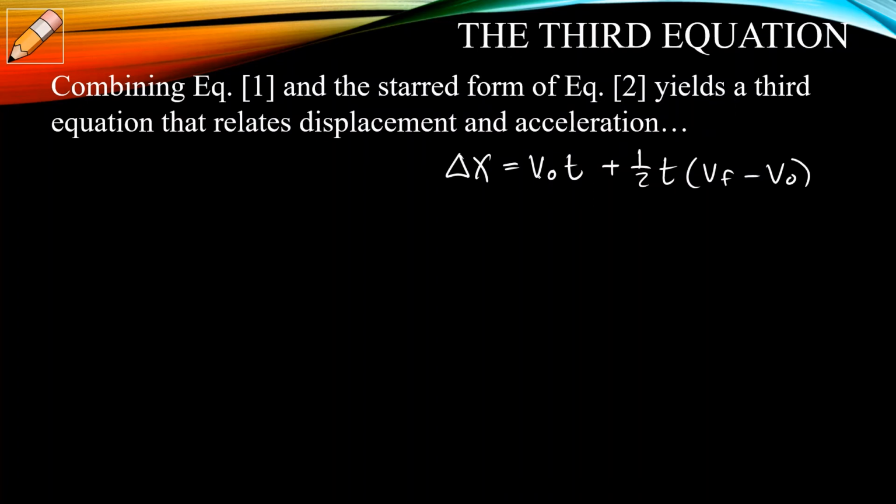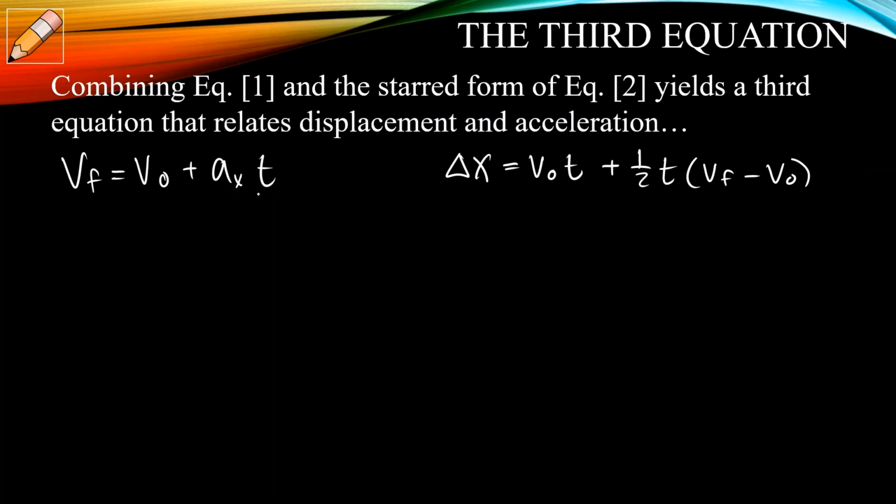We're going to use this equation, and we're going to use equation 1 to rewrite equation 2 in a slightly different way that allows us to find the displacement of the object knowing what the acceleration is. So in other words, we want to take this first equation and get time by itself.